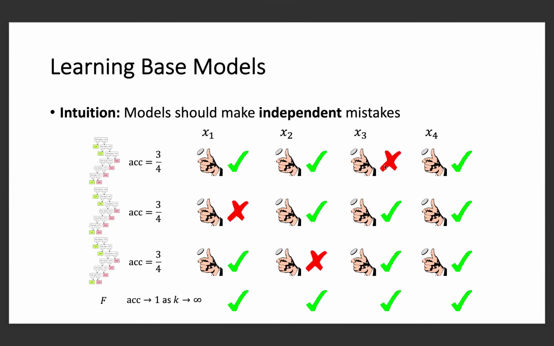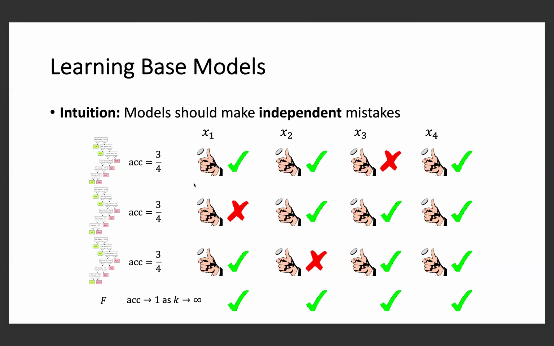Let's say we have three models, and they are not perfect, they make mistakes, but if they make mistakes on different inputs and we take a majority vote, we will always be correct using only these three models. And this is the basic idea of ensemble methods.